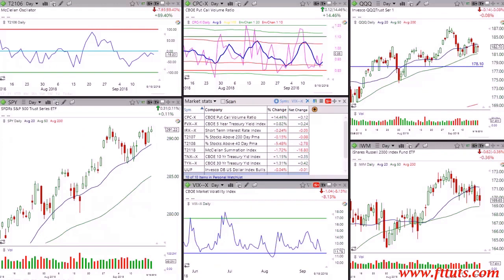This is my internals page. Obviously, it looks different than what I showed you in the prior section, but this is how we can set it up in TC2000. The McClellan oscillator, or breadth, is on the upper left, the put-call ratio is in the middle on the top, and quickly looking at the broader markets on here, and the volatility index, which is a measure of anticipated volatility, where our focus is whether it's at a prior low.